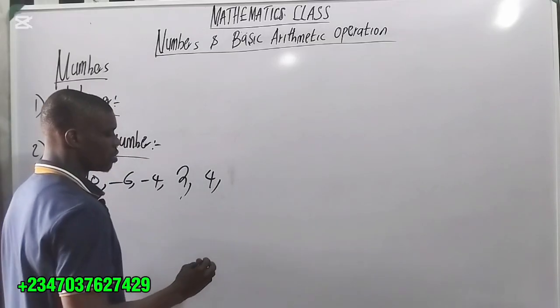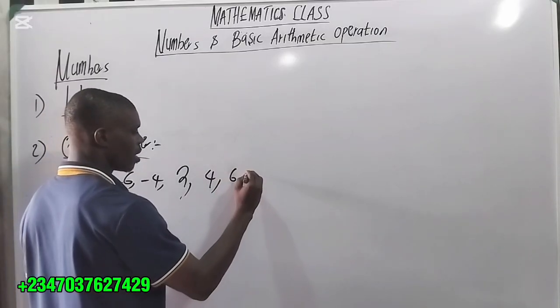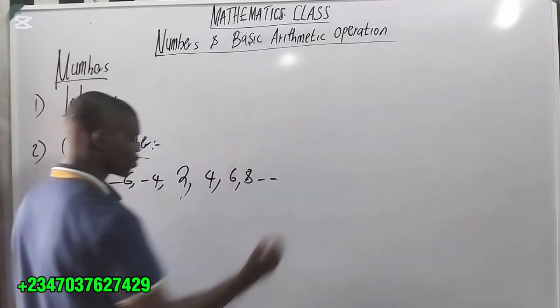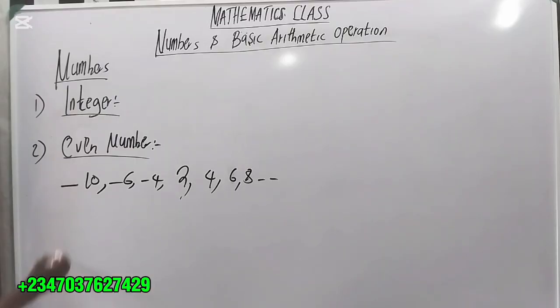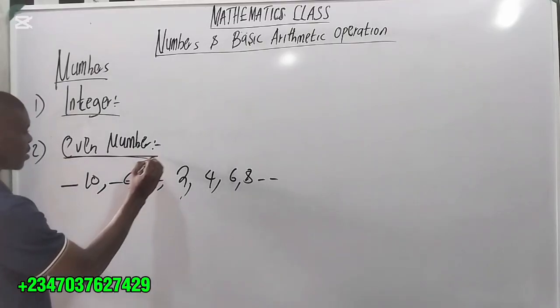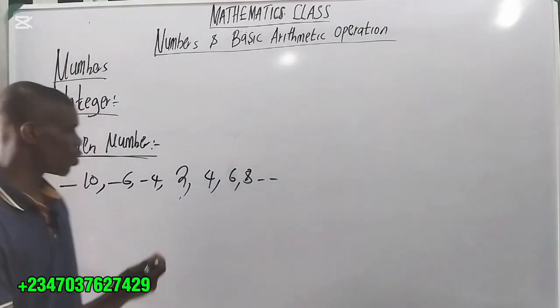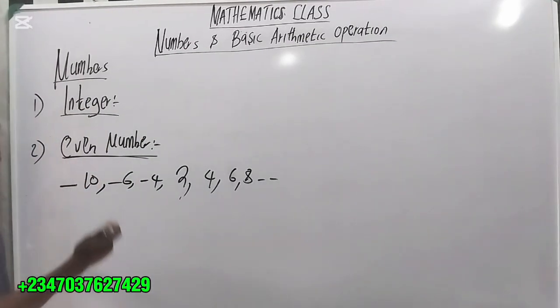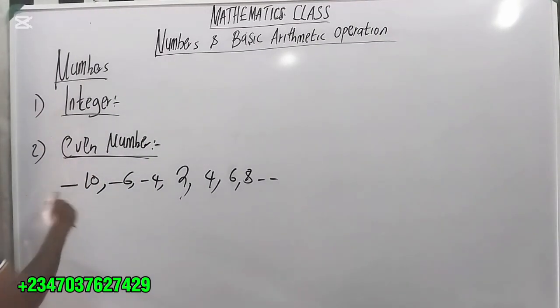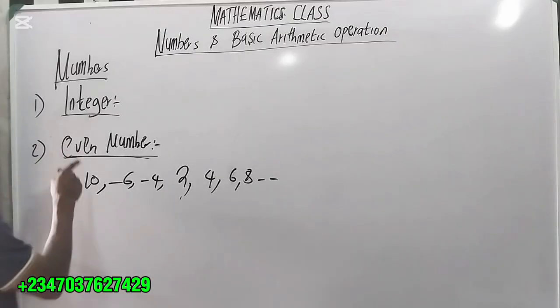Then 6, 8, and so on. So an even number is an integer that is divisible by 2. Do you understand? Divisible by 2 is called an even number.